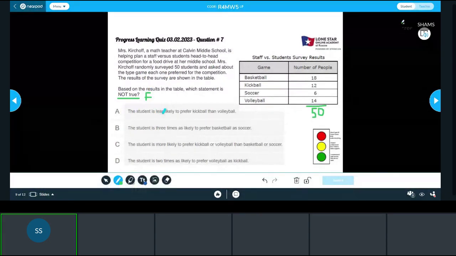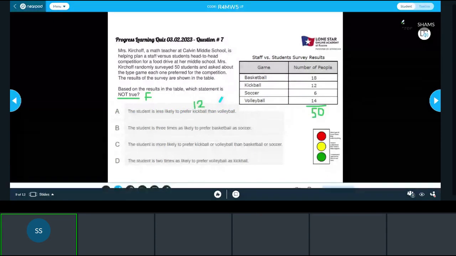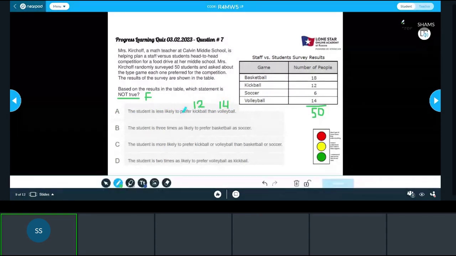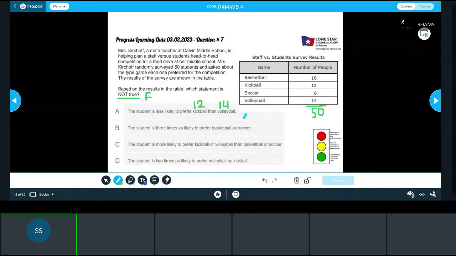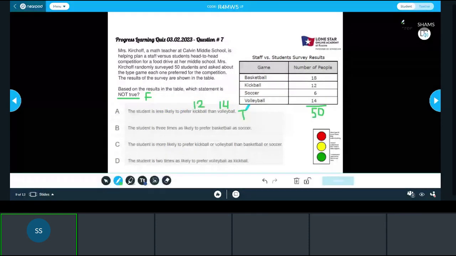A. A student is less likely to prefer kickball than volleyball. Kickball is 12. Volleyball is 14. This is true. Students are less likely to prefer kickball, right? It is true. I'm looking for false.